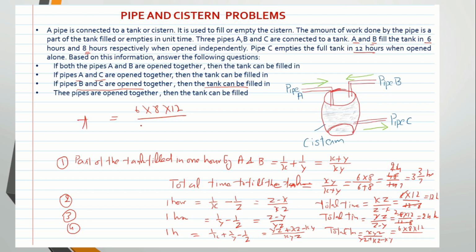The first part is YZ, that is 8 into 12, which is 96. The second part is XZ, 6 into 12, which is 72, minus XY, 6 into 8, which is 48. So 96 plus 72 is 168, and you subtract 48 from that. So we are getting 120. So 6 into 8 into 12, divided by 120, we are getting 4.8 hours. So the tank will be filled in 4.8 hours.